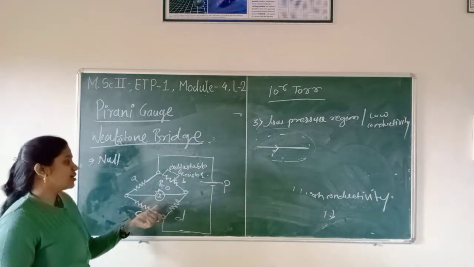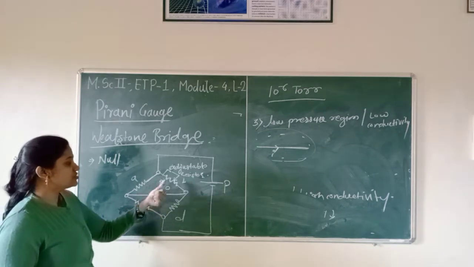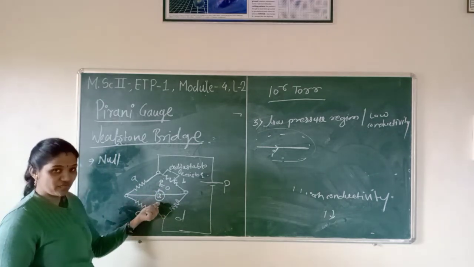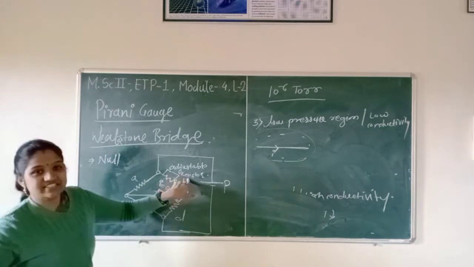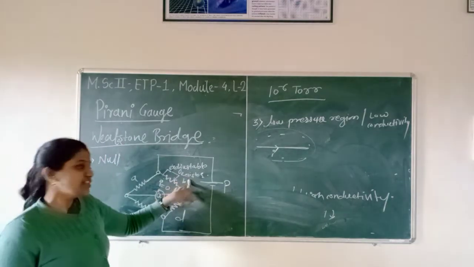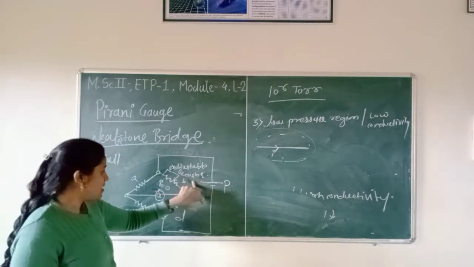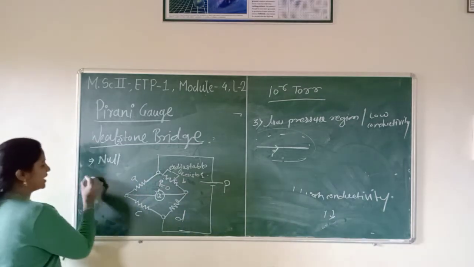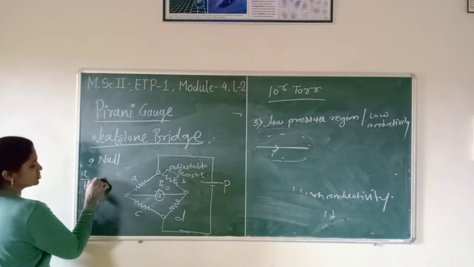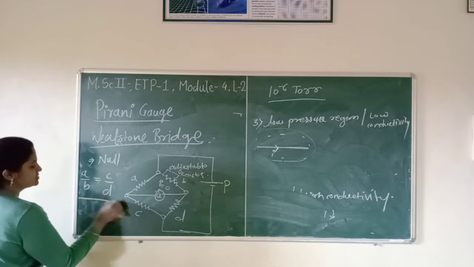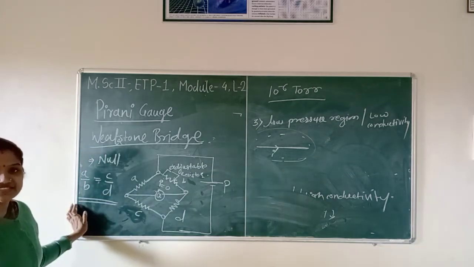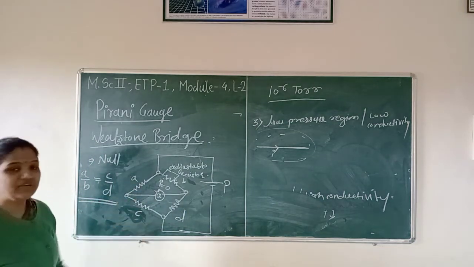Okay, and for doing this, I equal to 0 for this galvanometer, we should adjust this resistor. Okay, this is an adjustable resistor. Means when there is a null condition, at that point A by B is equal to C by D, always. Means there is a balancing of the resistor ratio.